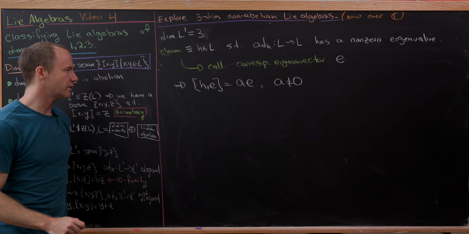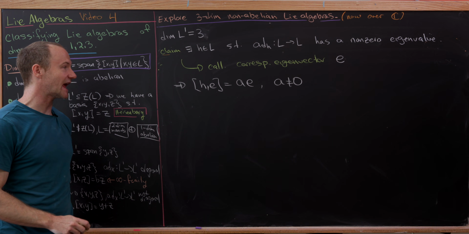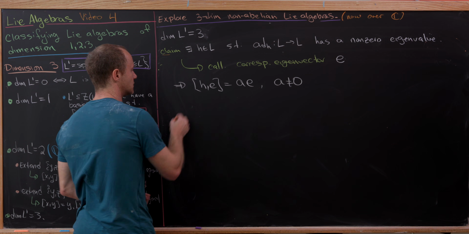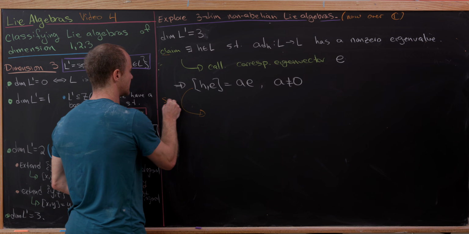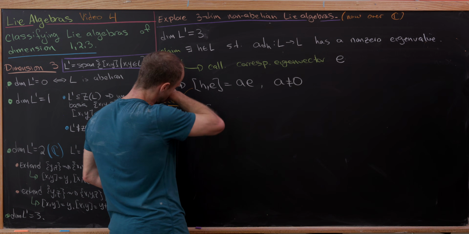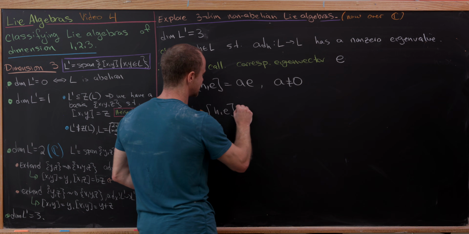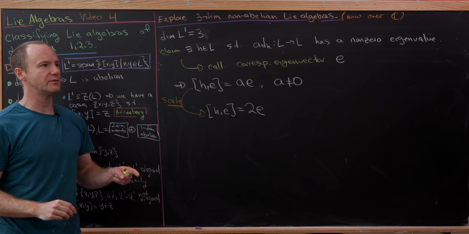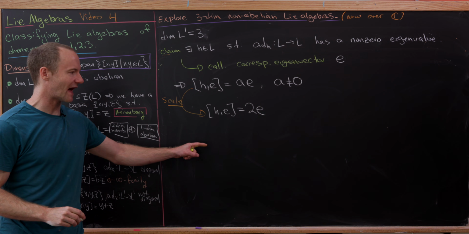But now what we'd like to do is some scaling that turns a into the number 2. So let's do that. We'll scale so that [h,e] is equal to 2 times e.